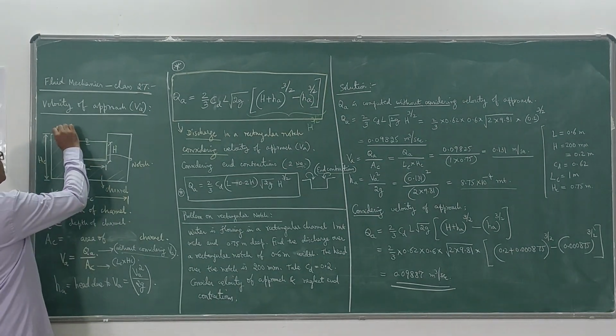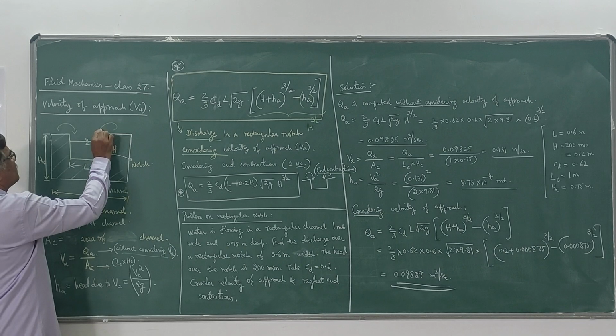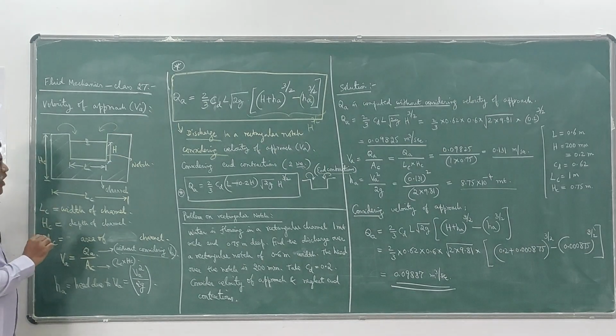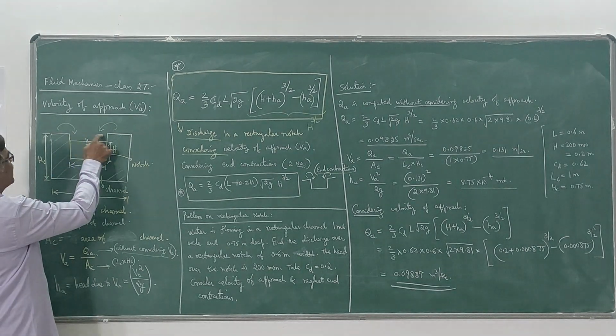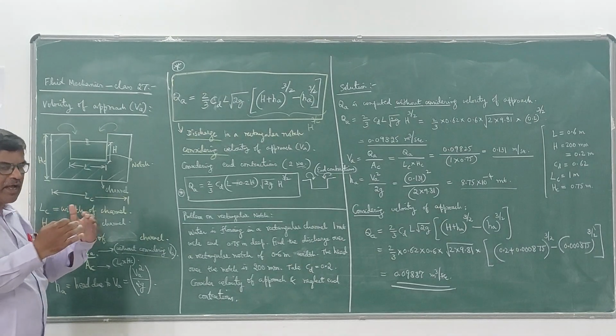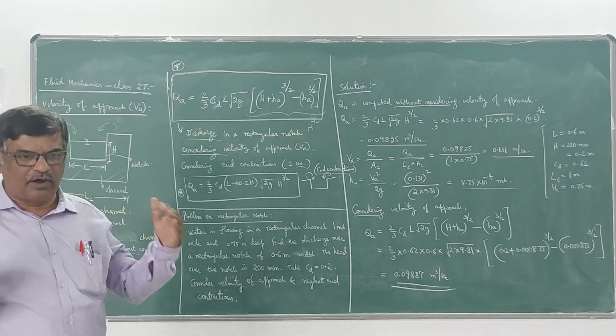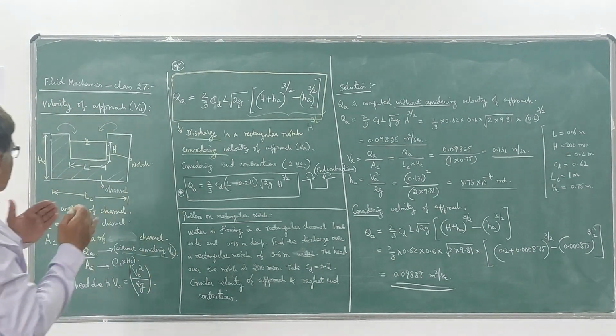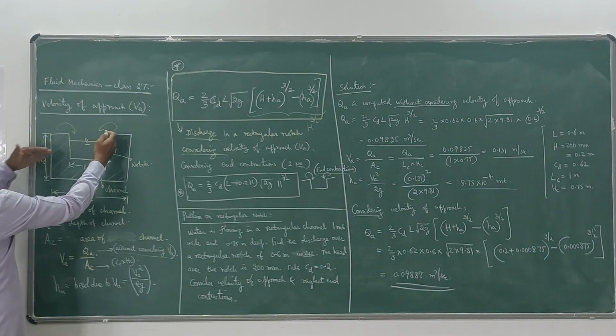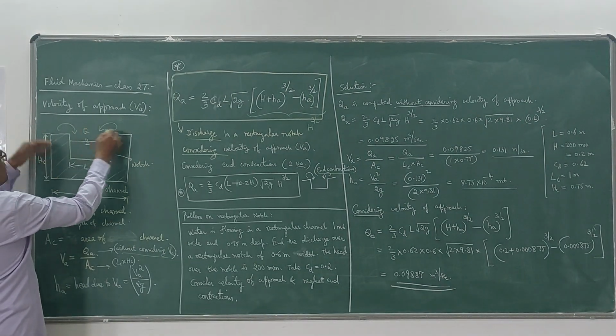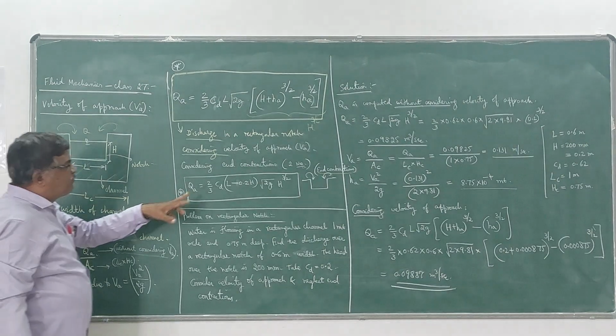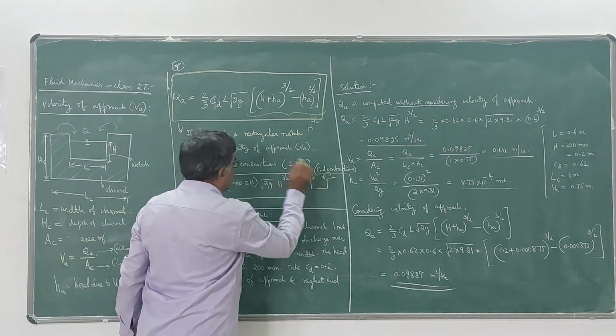In such a case, the water enters like this from the channel towards the notch. So there will be two end contractions here, at the boundaries of the channel on these two sides, and the water enters the notch in this direction.